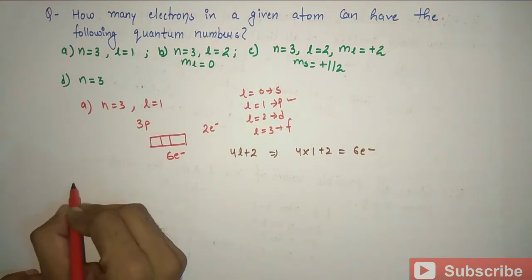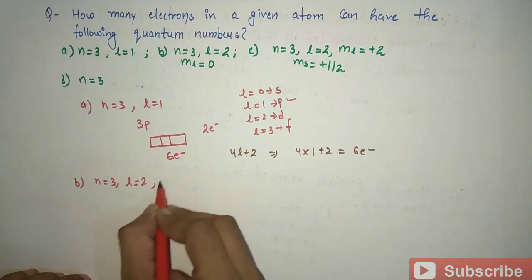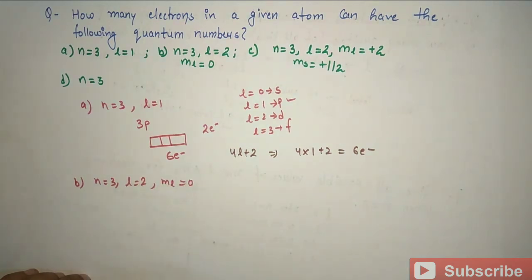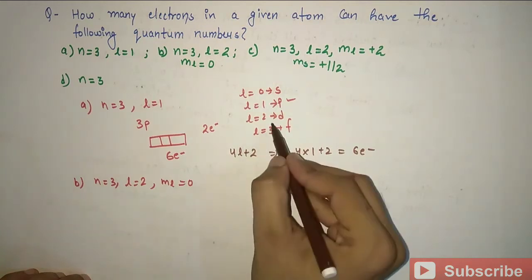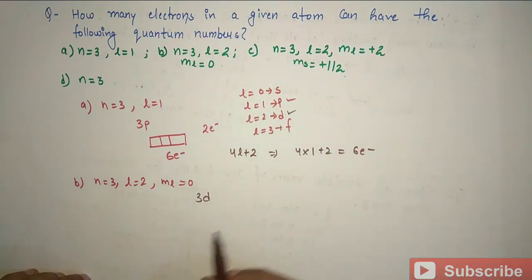Now the second part is when n is equal to 3, l is equal to 2 and ml is equal to 0. So l is equal to 2 for d, so it is talking about the 3d.